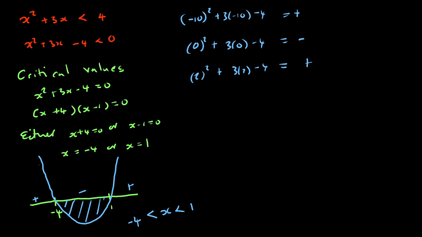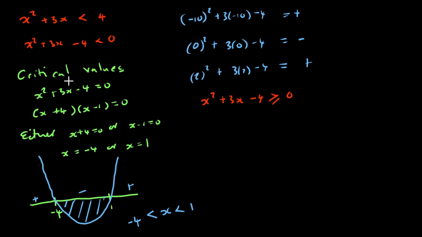But what if we were given something that's looking almost similar? Let's say we were given x squared plus 3x minus 4 is greater or equal to 0. What would we do in this case? Of course, just like always, find the critical values.